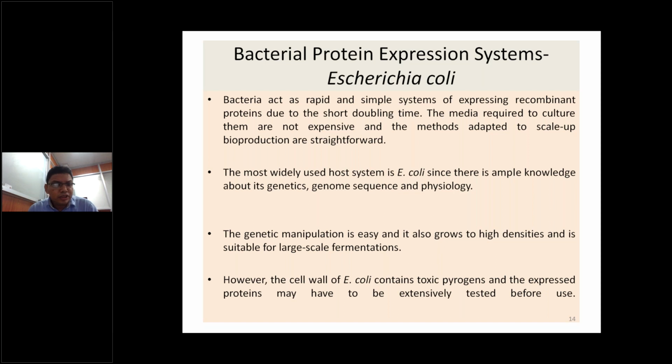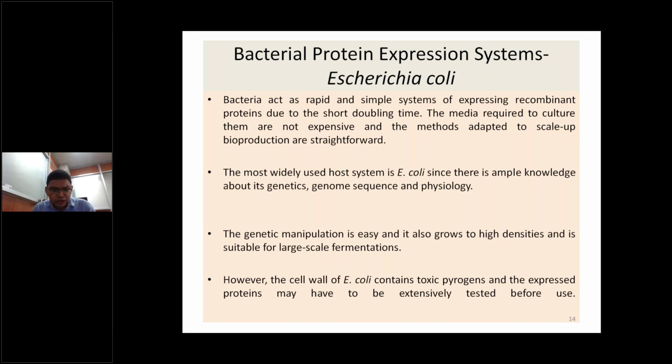The media required to culture them are not expensive, and the methods adapted to scale up bioproduction are pretty straightforward, not like the mammalian cell fermentation methods, which are pretty complicated and have very high cost requirements. The most widely used host system is E. coli, since there is ample knowledge about its genetics, genome sequence, and physiology.